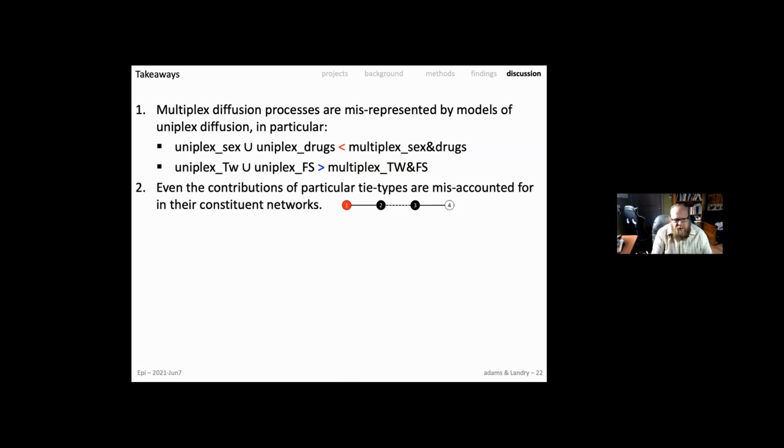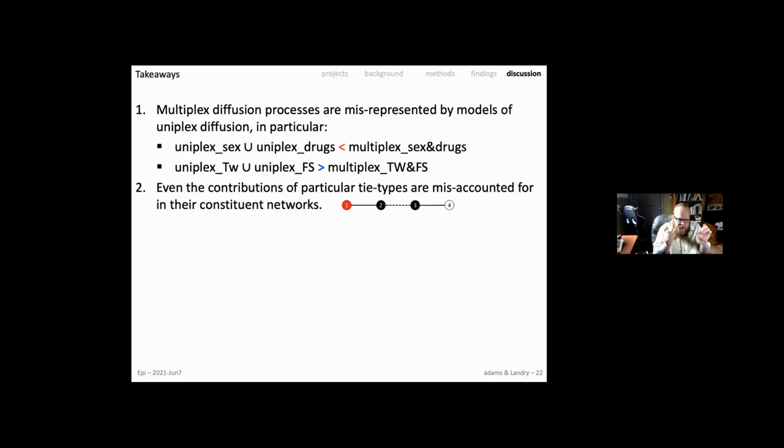What's particularly interesting about this is that even the contributions of particular tie types in these processes are going to be misaccounted for in their constituent networks. So if we have this little 4-person network, and solid lines are, let's say, sex ties and dashed lines are drug ties or needle sharing ties, then if person 1 is currently infected, person 4 can become infected in the multiplex network via a sexual partnership, but the indirect transmission of that pathogen through the population can't get there without traversing a needle sharing partnership amongst their partners.